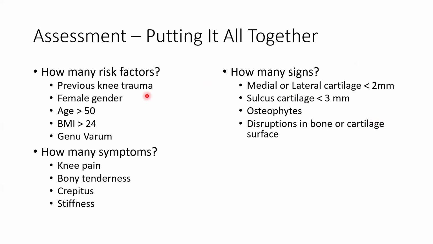On the other hand, you might have somebody in their 40s with a good BMI, but if they have knee pain and crepitus, or stiffness and crepitus, and when you look in the ultrasound, you see a lot of areas of grade 2 or grade 3 with some obvious osteophytes, that's a person who's at a pretty high risk.